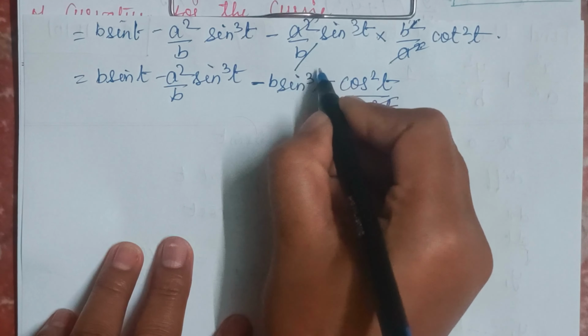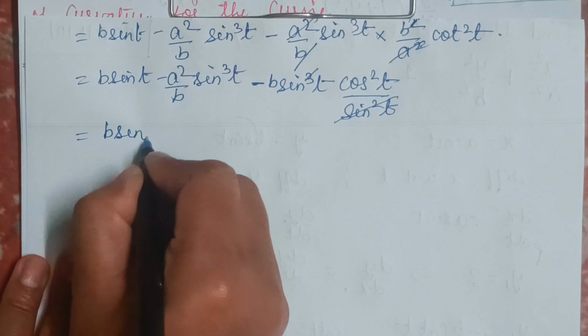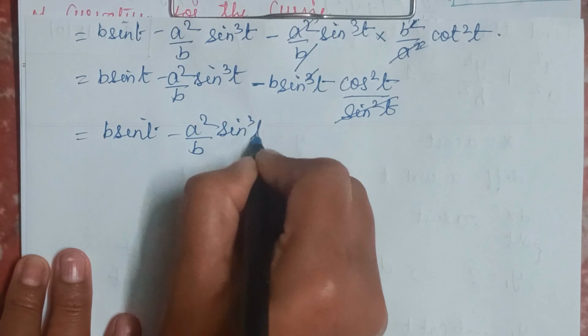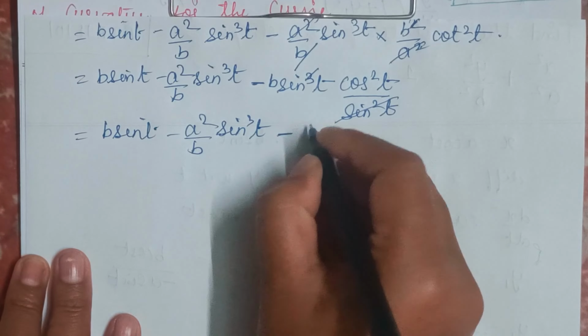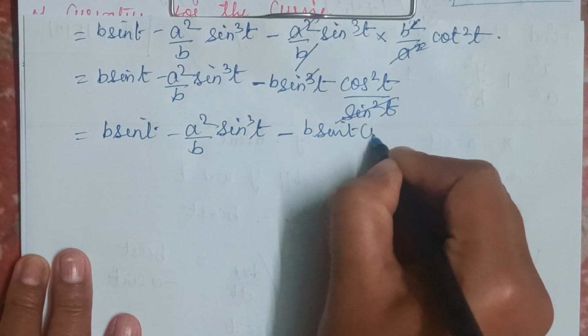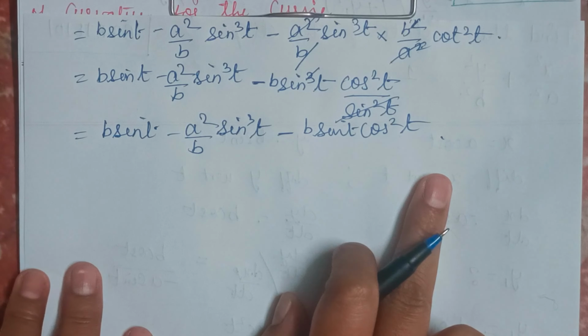So sine square t and cube will get cancelled. So it becomes b sine t minus a square by b sine cube t minus b sine t cos square t. Till here I hope it is understood.